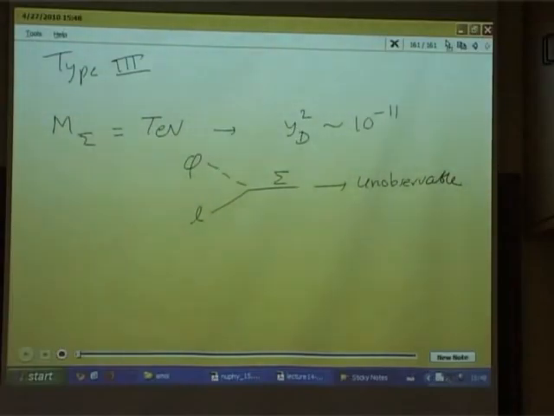However, the nice thing about sigma is that, see, n was a singlet, so the only interaction it had was with n and phi. Sigma is not a singlet, sigma is a triplet. Therefore, it can have many other interactions. So, for example, what does a triplet under SU2 mean?